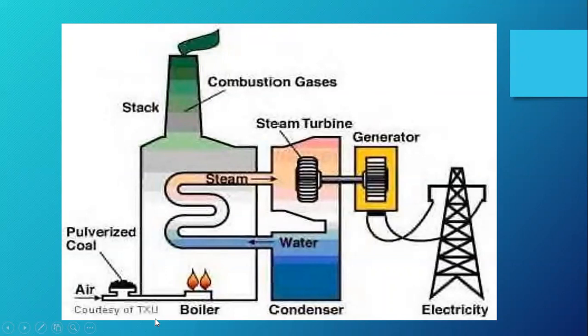When it gets burned, the heat that comes from the coal will make the water inside the tubes here become very hot. When the water becomes very hot, it boils. After boiling, it will become a water vapor.